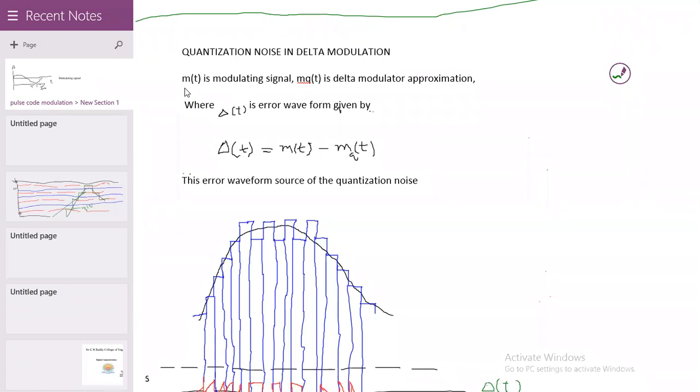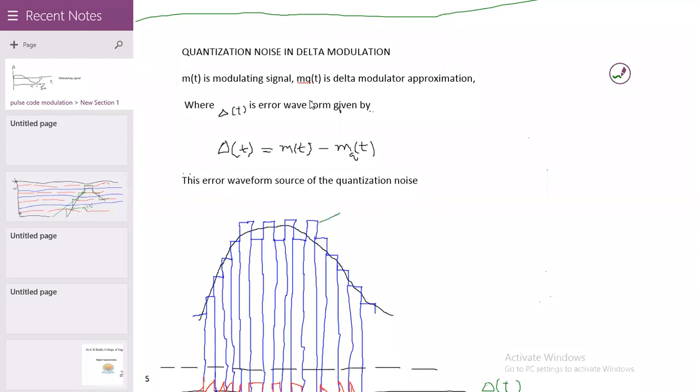Please note down, M of t is a modulating signal, and MQ of t is delta modulator approximation. That is nothing but a step size signal.